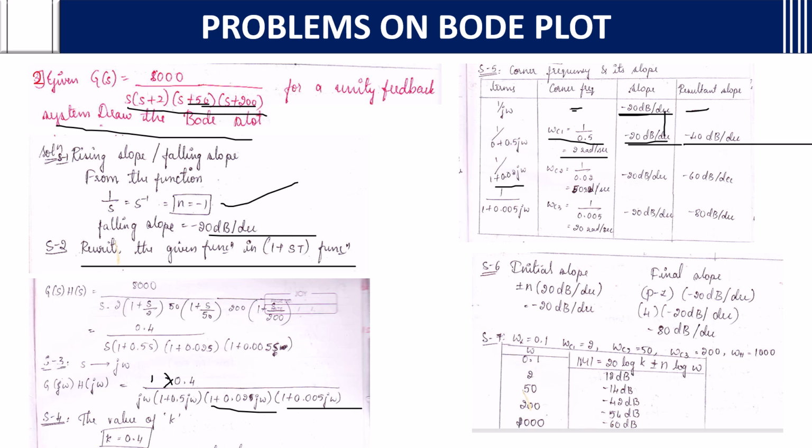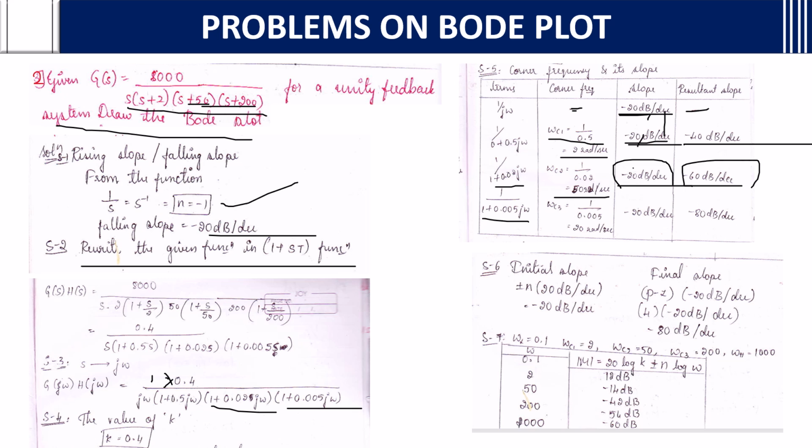Then for the third factor, the corner frequency is 1 by 0.02, which gives 50 radians per second. The slope is minus 20 dB by decade, because it is a pole present in the denominator. So the resultant slope will be 20 plus 20 plus 20, minus 60 dB.